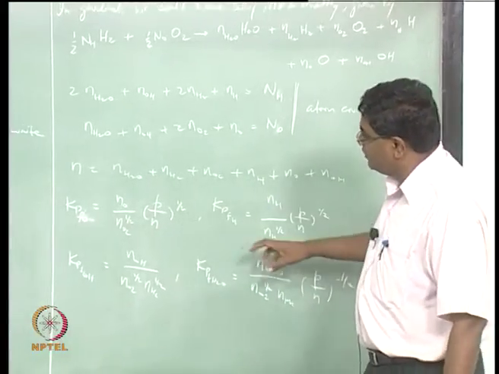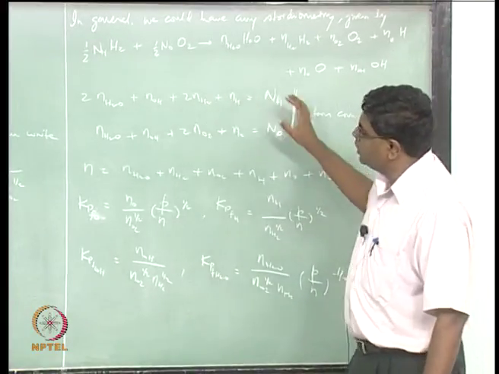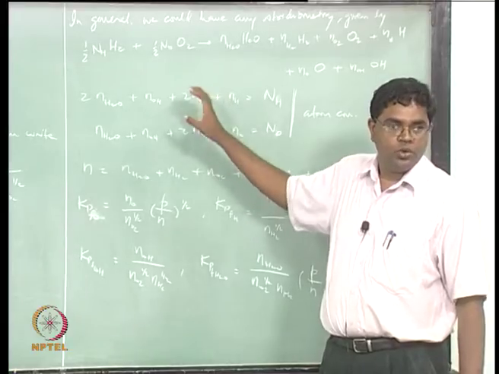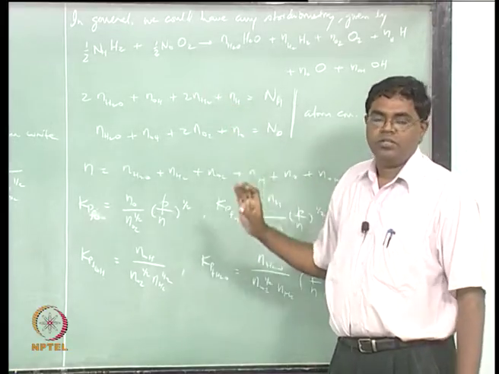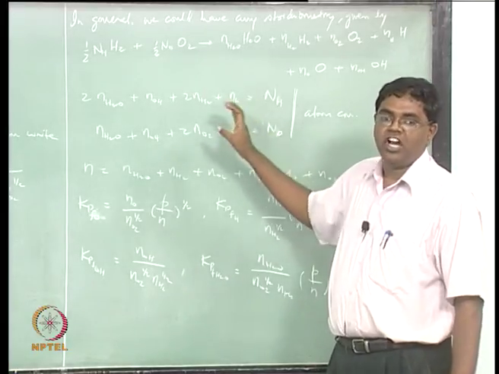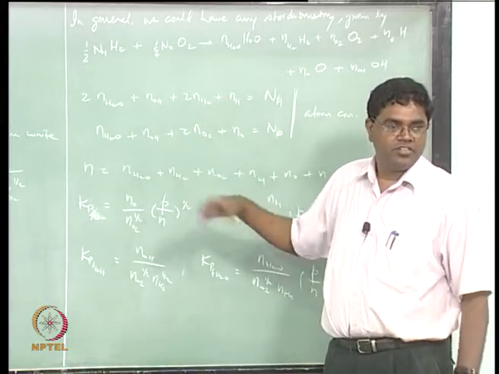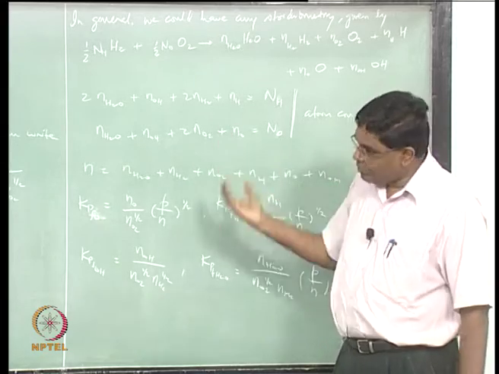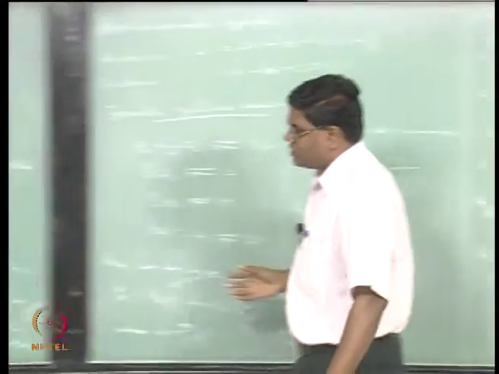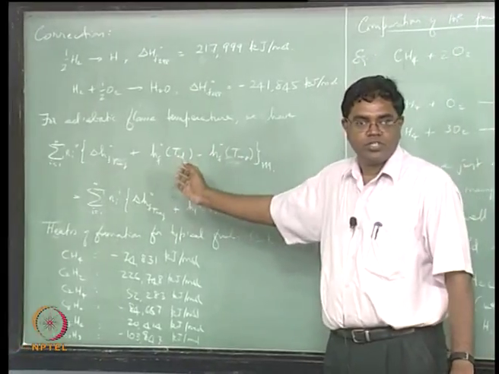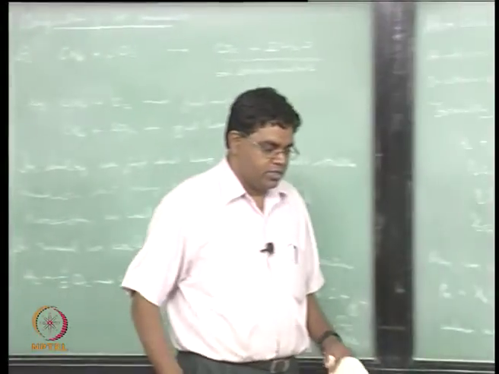Okay, and then we can plug that back in here, and you will now get two equations and two unknowns, okay, in NH2 and NO2. Okay, but those equations are going to look very ugly, and then you have to solve that iteratively and then get the compositions. Once you get the composition, you can go back and solve for the adiabatic flame temperature using this equation. Okay, so we'll continue from here tomorrow.